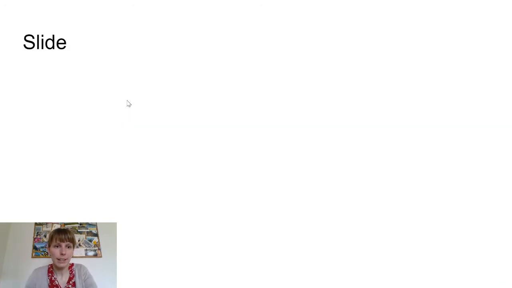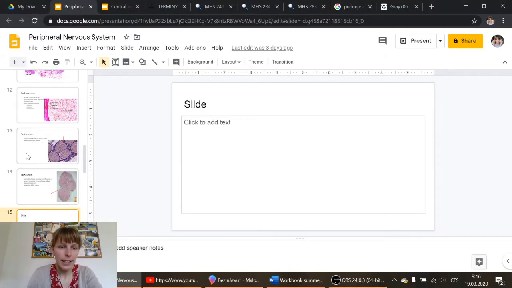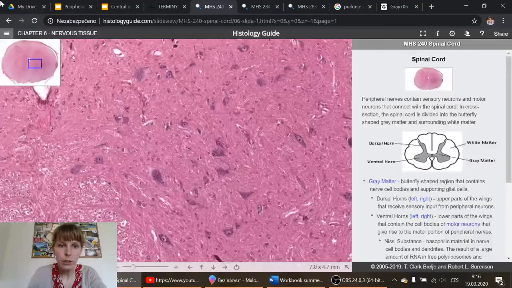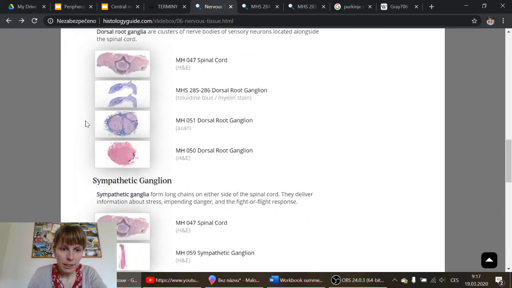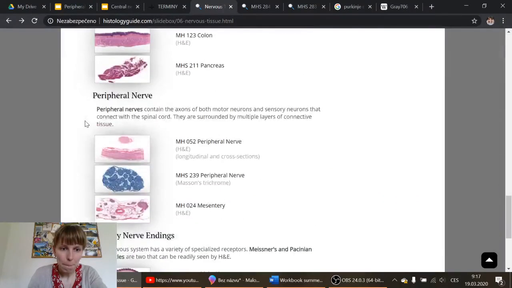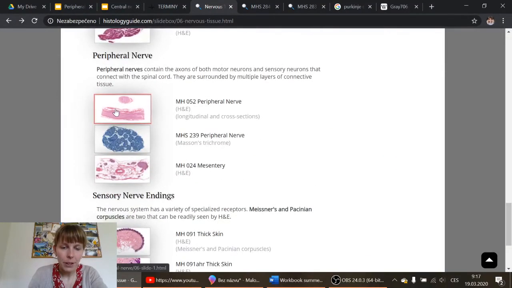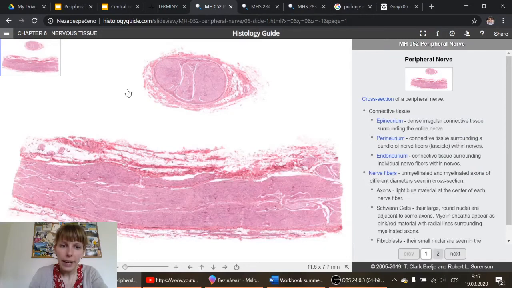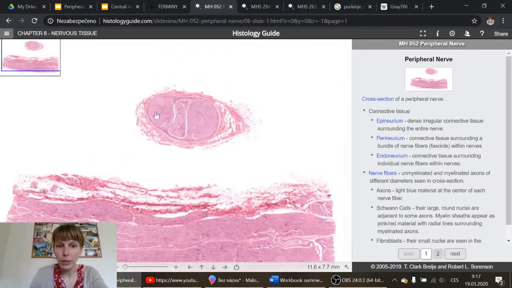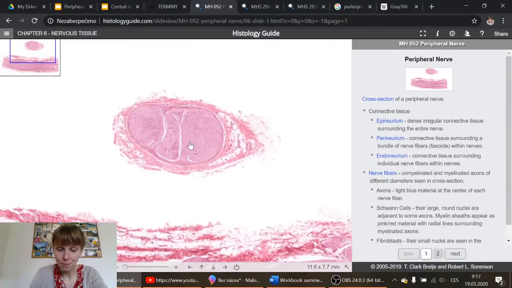So let's take a look at the slide. We will use the histology guide again, so you can find somewhere, yes, here you can find the slide of the peripheral nerve in hematoxylin eosin staining, and you have a cross section here and a longitudinal section here. So we will take a look at the cross section.